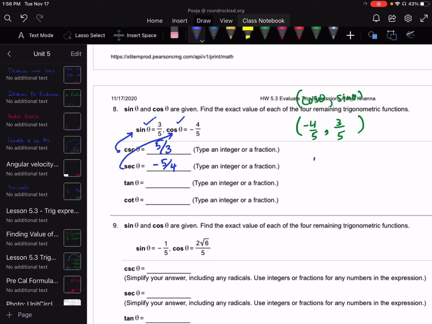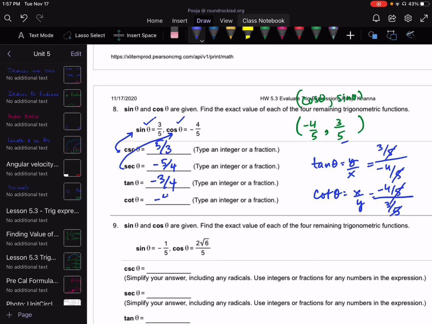Tangent theta is y over x. Y is 3/5 over x. The 5s cancel, negative 3/4. Cotangent theta is x over y. X is negative 4/5 over y. The 5s cancel, so negative 4/3. Or I could have just flipped this over.